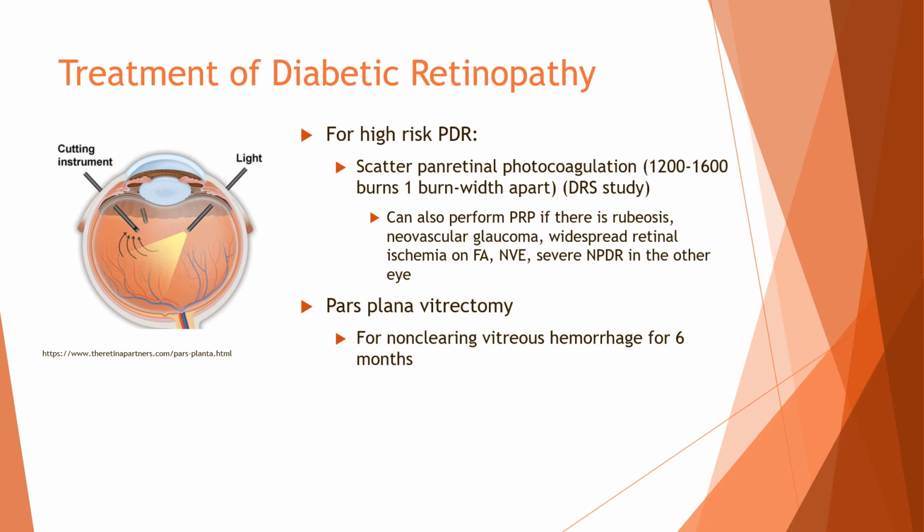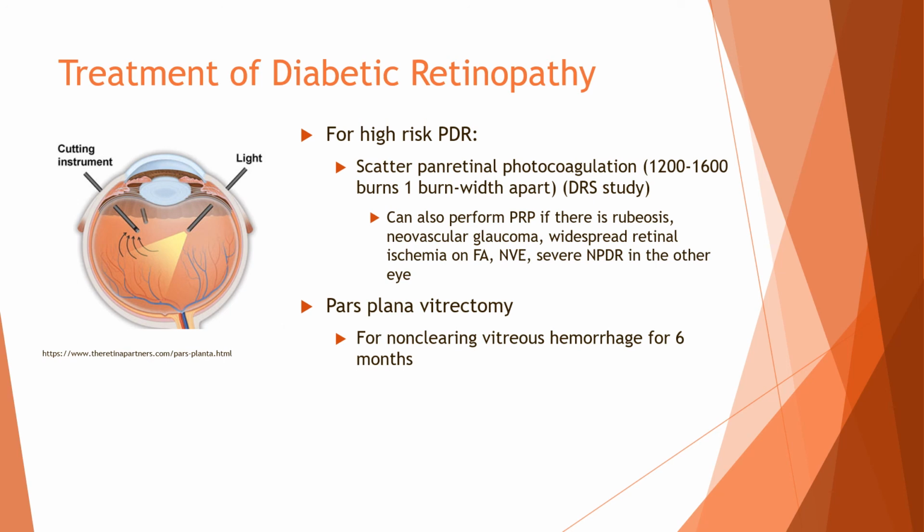For PDR that has been determined high risk according to the criteria that we went through several slides ago, a scatter panretinal photocoagulation using burns that are one burn width apart from each other can be effective.